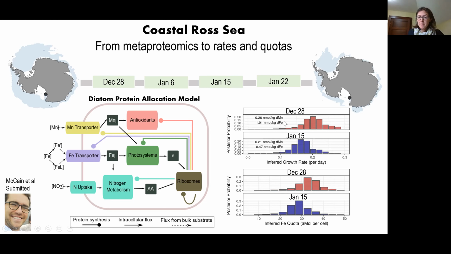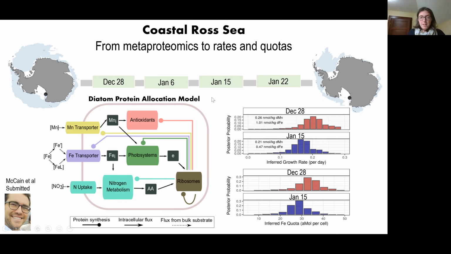So what we can see are the inferred growth rates using the model and the input of this geochemical data, as well as our protein allocation measurements from this system. We can see that there's higher growth rates early in the season and lower growth rates later in the season. And that to accomplish those growth rates, we're seeing higher iron quotas at the beginning of the season than at the end of the season.